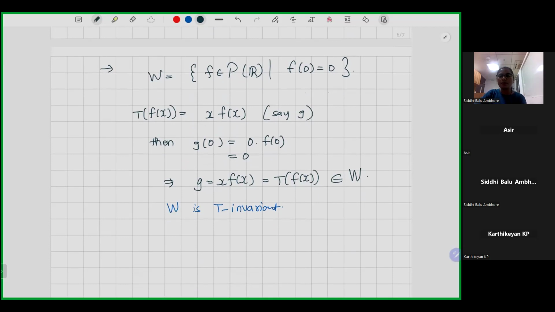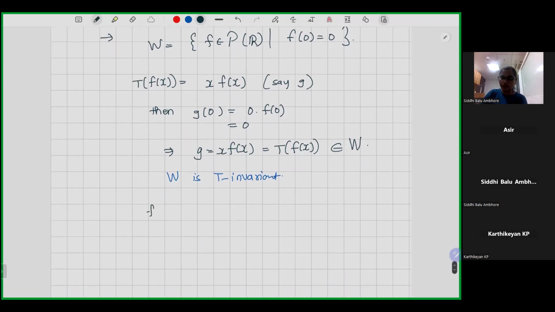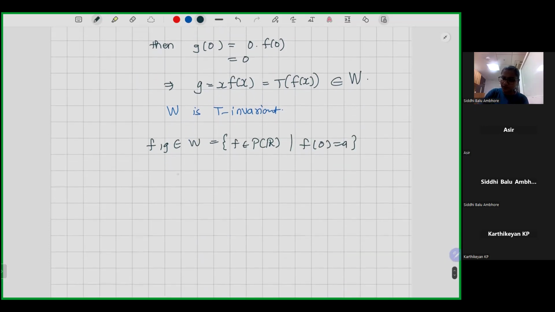Because when we add, for f and g in W1, where W1 is the set of f in P(R) such that f(0) = a, then f + g evaluated at 0 will be a + a, which is 2a. So f + g doesn't belong to W1. Therefore W1 is not even a subspace.